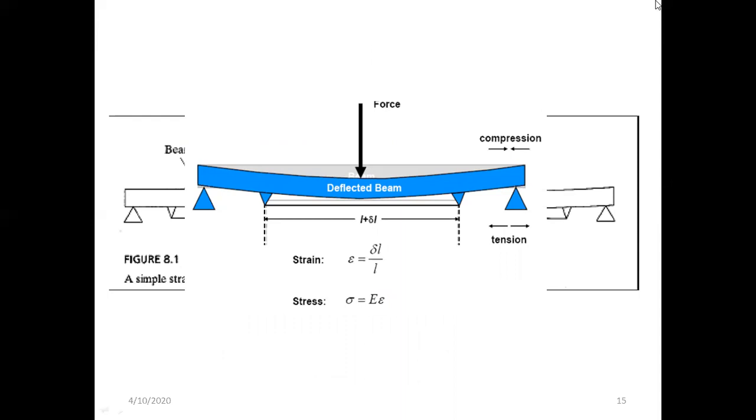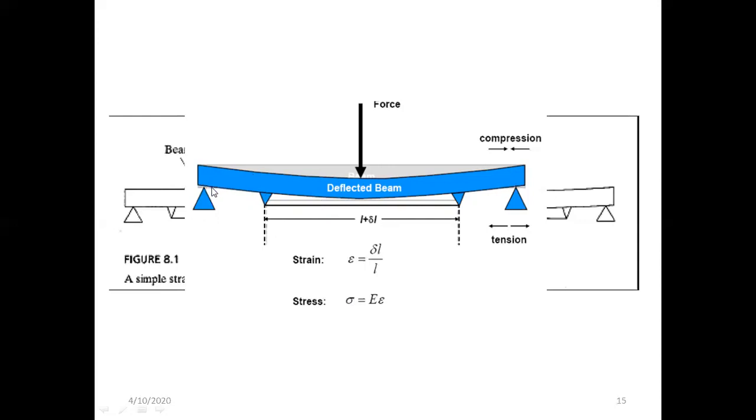The total length is L, the change in length is delta L, strain is change in length upon original length, and stress is modulus of elasticity times strain. With this type of loading, the beam will become longer at the bottom as it experiences tensile force, and shorter at the top surface as compressive force is there.